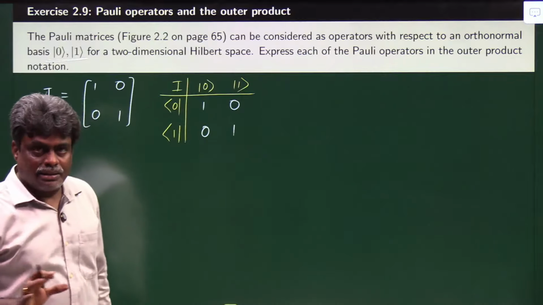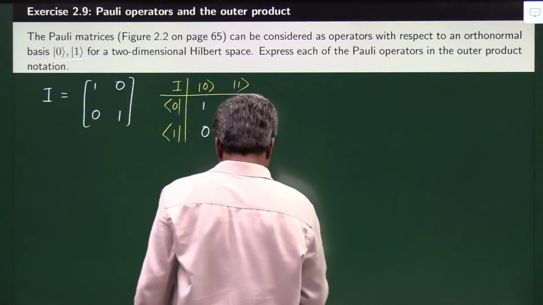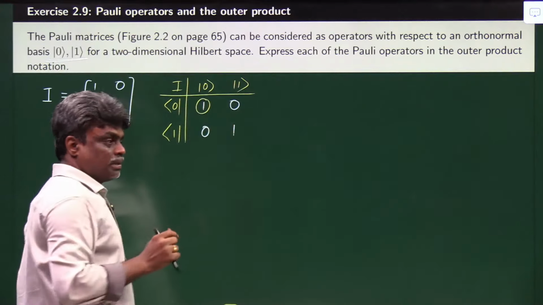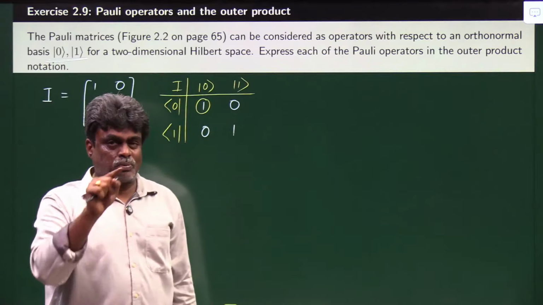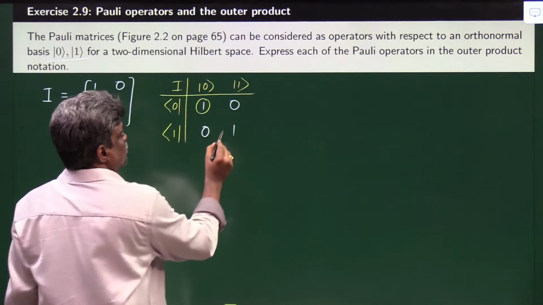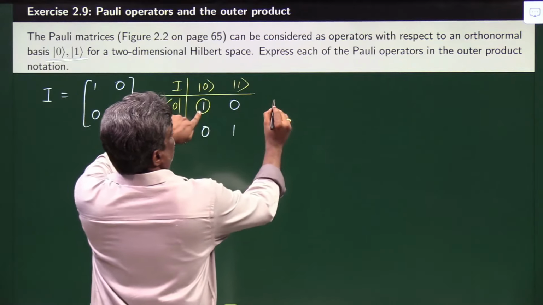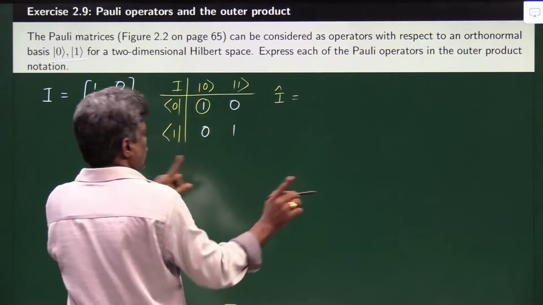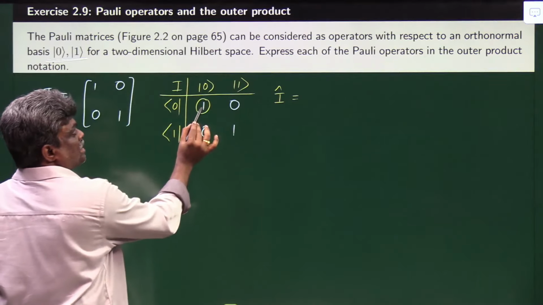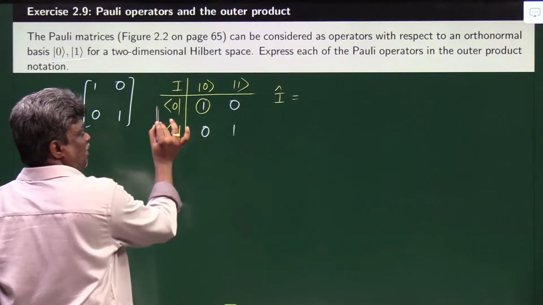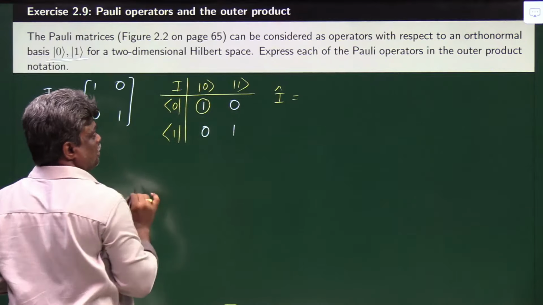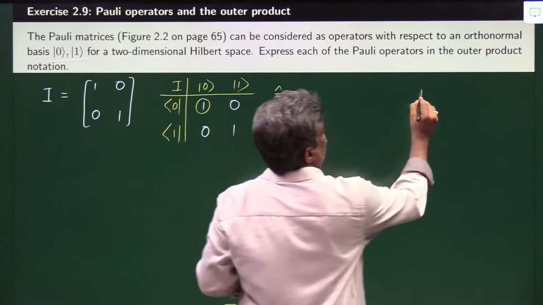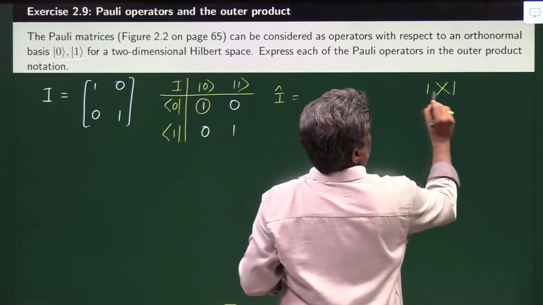If you want to write the outer product form, it's very simple. Wherever you have 1, round up those entries. That means you will get only those terms corresponding to 1. So here I round up this one. Then I can write this identity operator in the outer product form. Corresponding to 1, here you have bra vector 0 and ket vector 0. Outer product means ket into bra. I repeat, outer product means ket into bra.